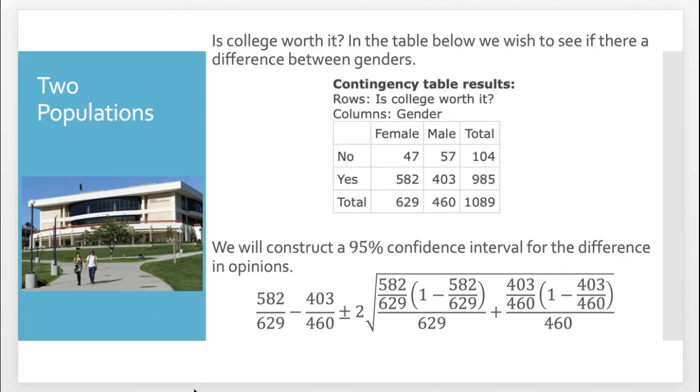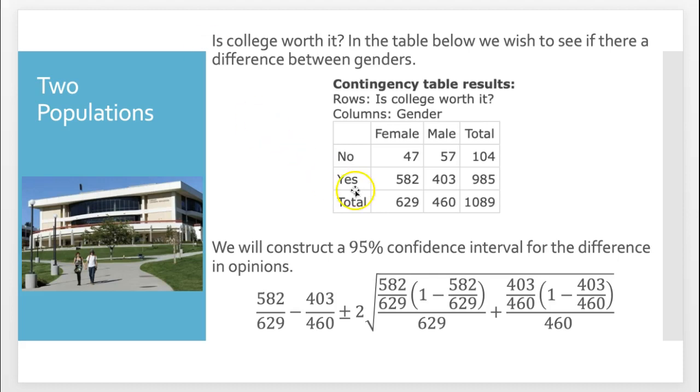In this example, we asked on a college campus whether there is a difference in opinion between genders on whether college was worth it. In the table below we wish to see if there is a difference between genders.